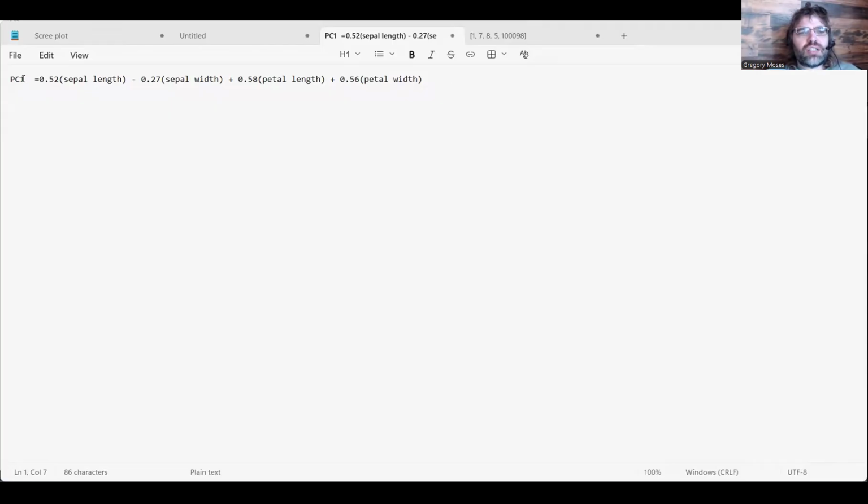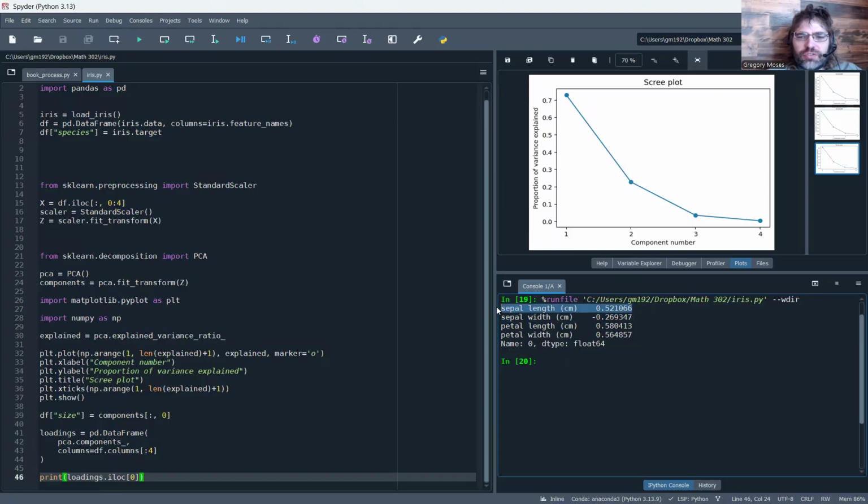This tells us that to find the first principal component, we take the sepal length, we multiply it by 0.52. Again, that's from this row.